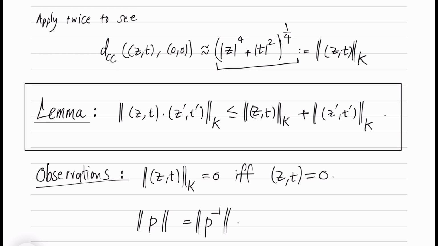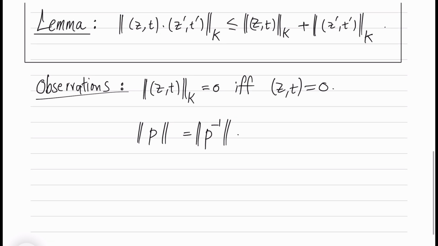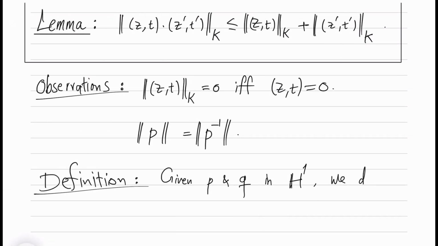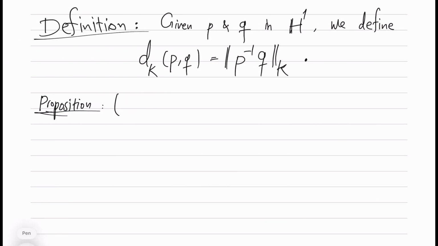Just these three observations will be enough for us to define a new metric on the Heisenberg group. We define the Koranyi distance between P and Q to be the Koranyi norm of P inverse multiplied into Q. Let's write it in even cleaner notation.